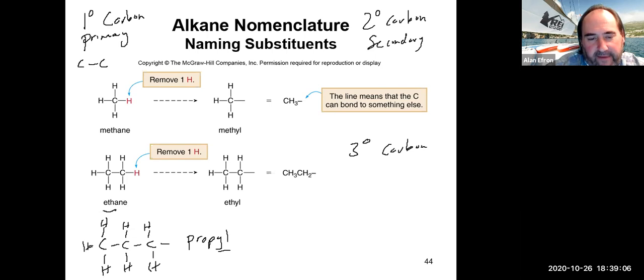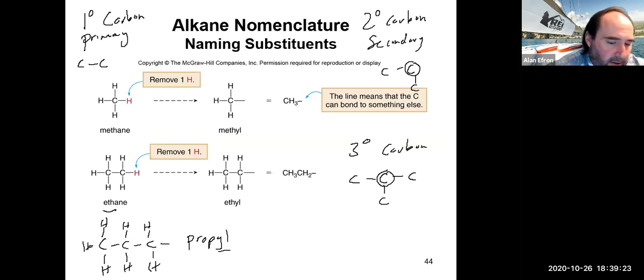When you have a carbon that is attached to, oddly, two other carbons, that is a secondary carbon. And when you have a carbon that is attached to three other carbons, the guy in the circle is attached to three other carbons, that is a tertiary carbon. So you can identify carbons as primary, secondary, or tertiary. This carbon here is a primary carbon. That's where we lose the hydrogen.